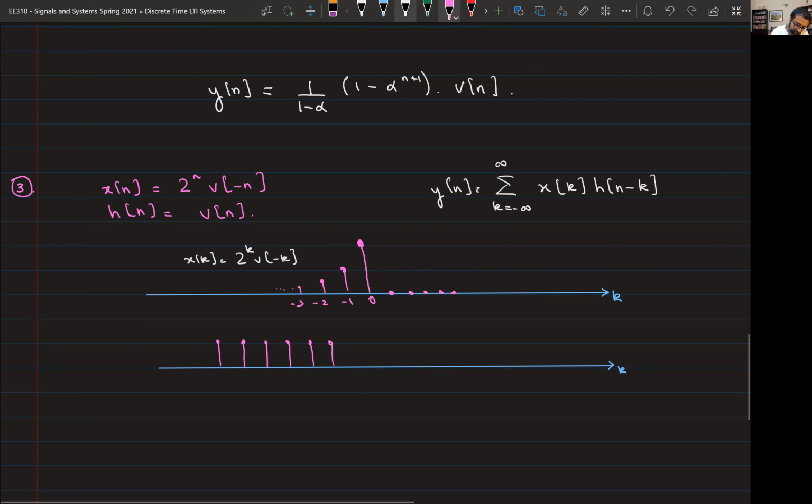So this is h of n minus k. This is n here, and this particular case that you see on your screen corresponds to the case when n is less than 0. So that's my case 1. Right, so n is less than 0.